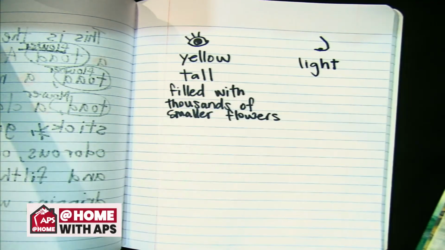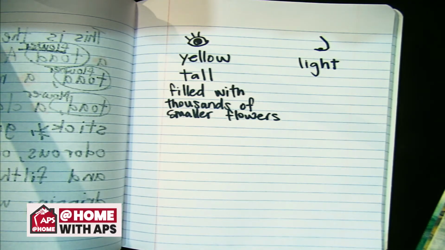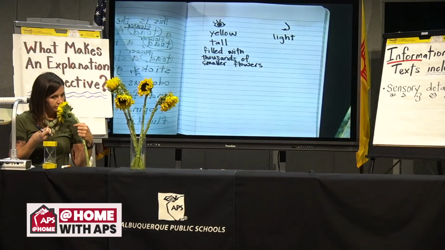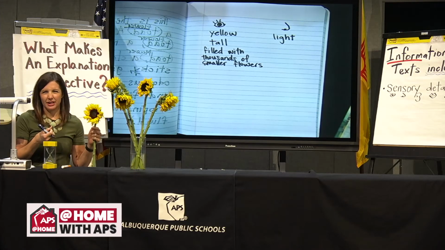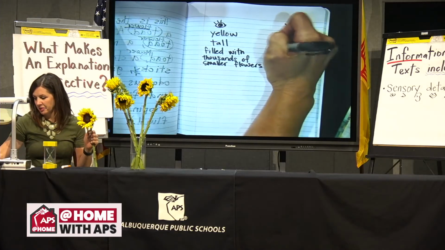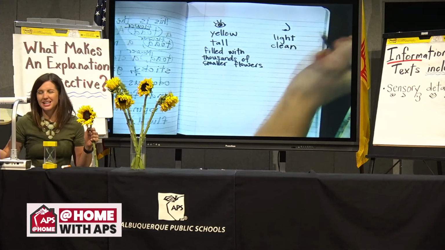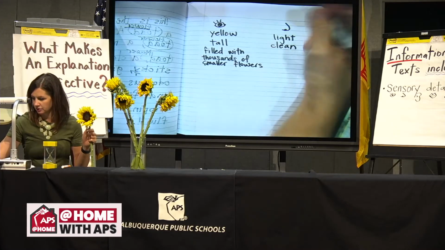Now, light can mean about the weight, but I mean the aroma is not very strong. It smells very clean. These are my opinions. It has a clean, light aroma.